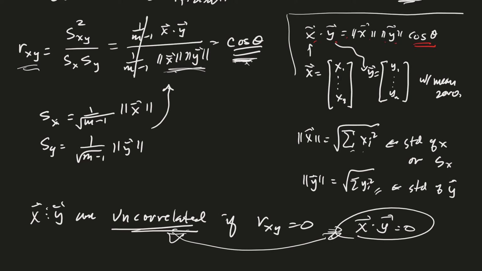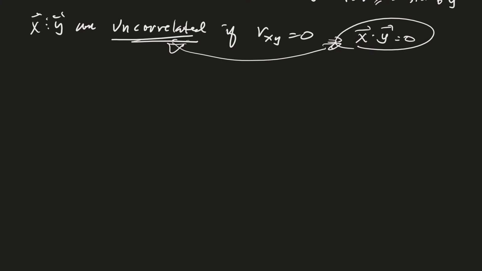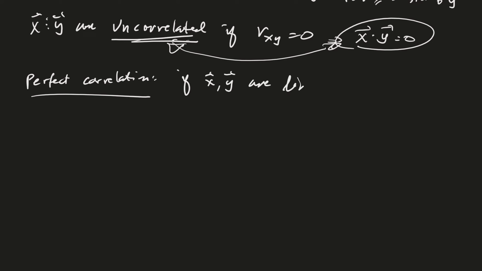Now let's see. When are two sets correlated? When do you get a perfect correlation? You get a perfect correlation if x and y are linearly related.